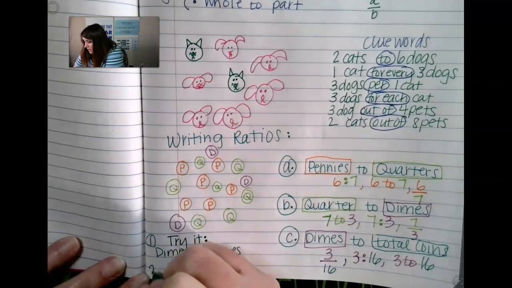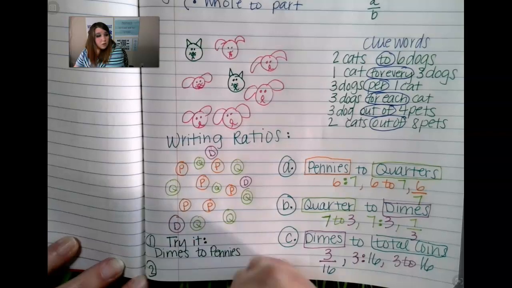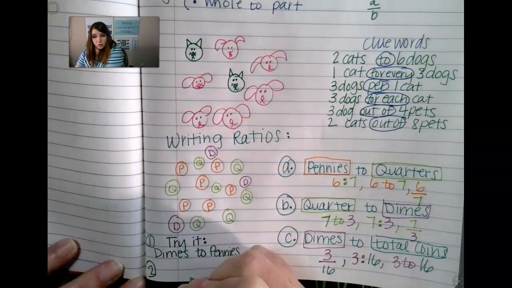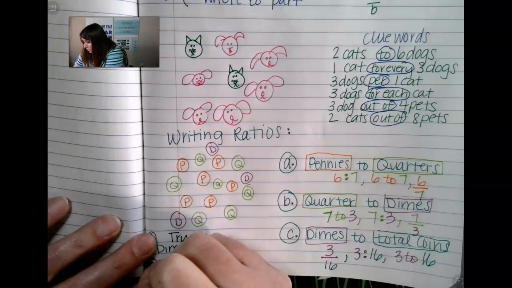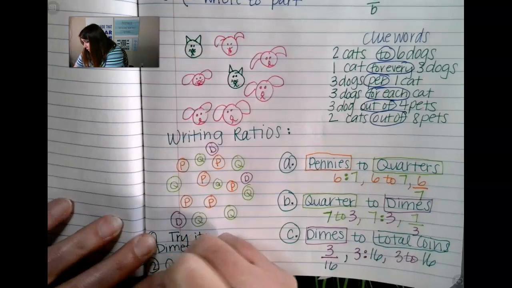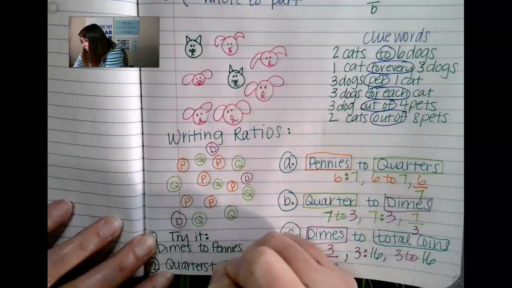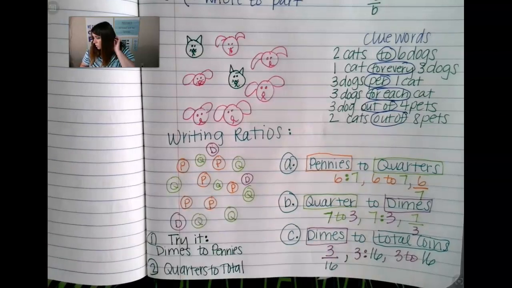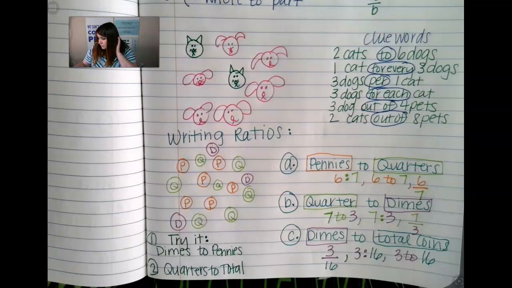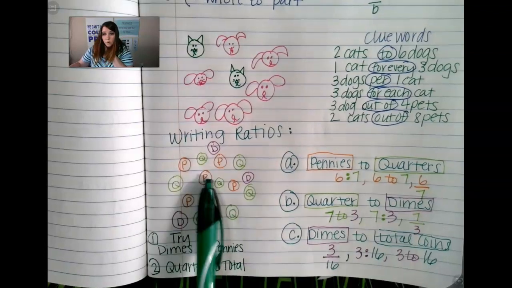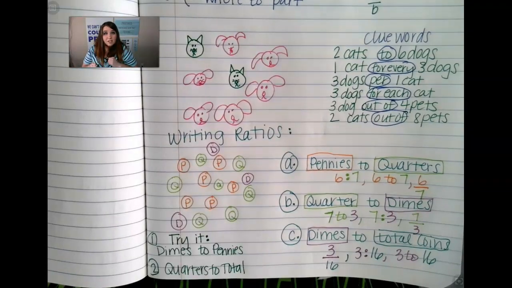And then try it number 2 wants quarters to total coins. All right, hit pause right now so you don't hear me talking and showing you how to do this. And then when you are all done, go ahead and hit play again.